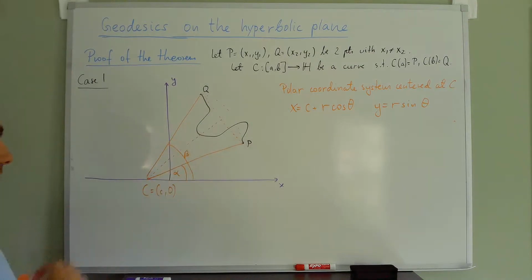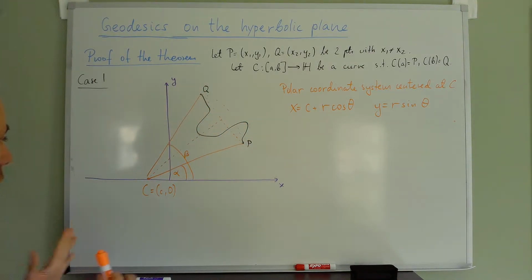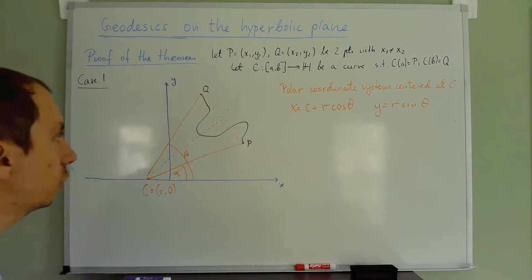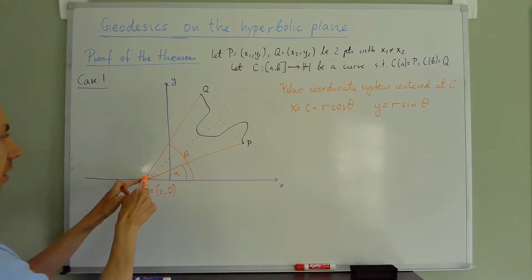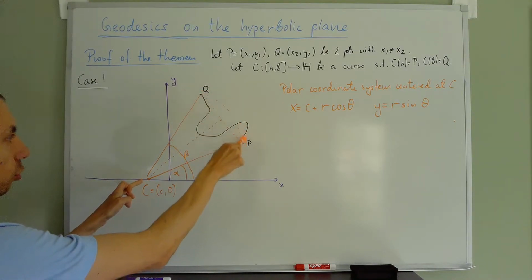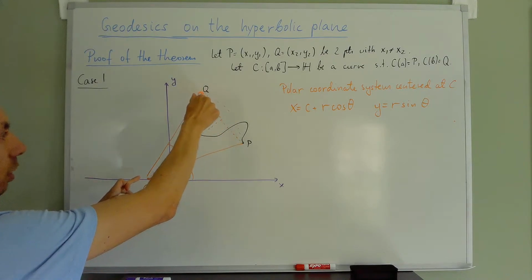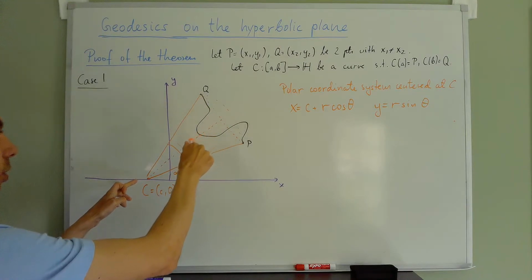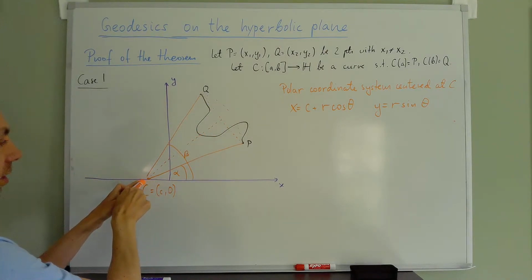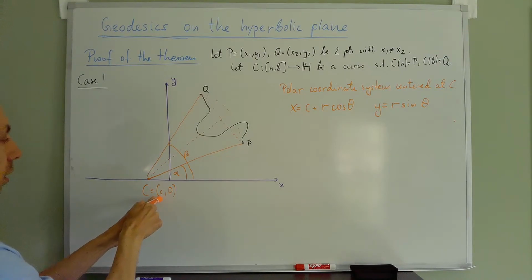So let's begin with computing the length of this curve. To do this, the easiest thing to do is to use a polar coordinate system centered at the point where the Euclidean circle should be centered. So I draw a line segment between P and Q, I bisect it, draw a perpendicular ray, and it intersects the x-axis in some point capital C, whose x-coordinate is little c and y-coordinate is 0.